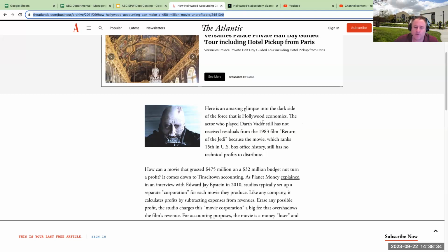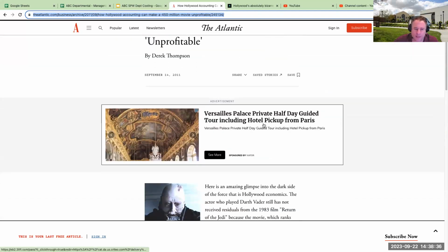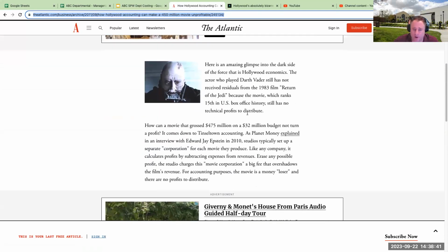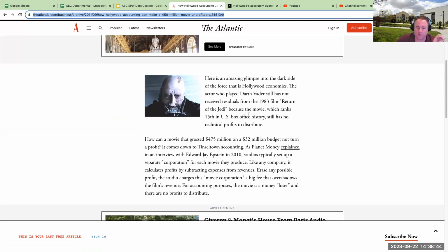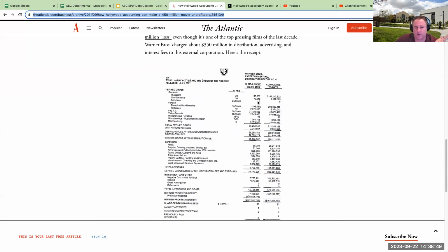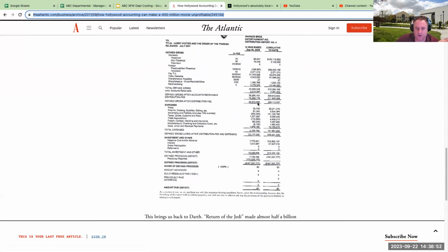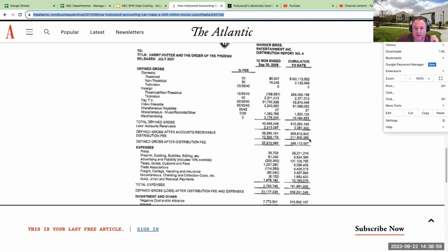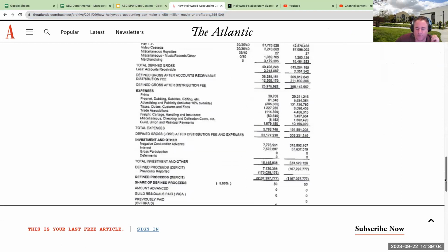Okay. So when you look at this part over here, how can something that made so much money become unprofitable? This is essentially going through, and you can see it over here, like Harry Potter, they actually got one of these from Warner Brothers. If we look at this a little more closely, you can see that here's a profitable movie that is actually at a net loss, actually losing money.